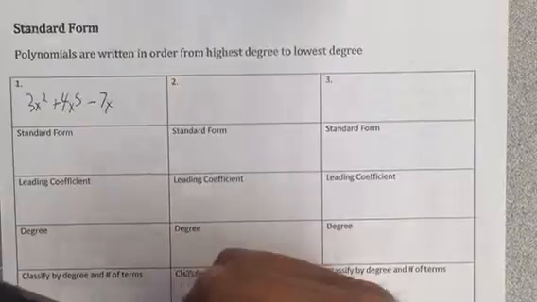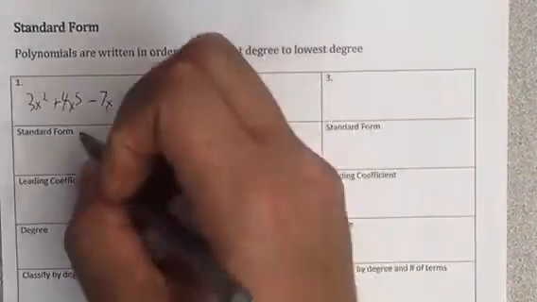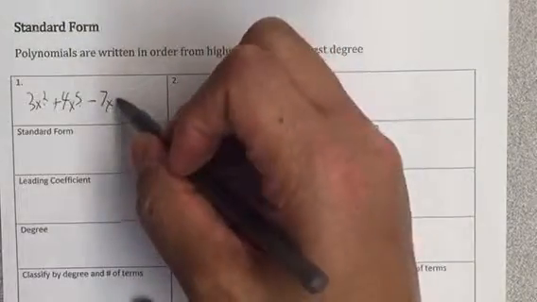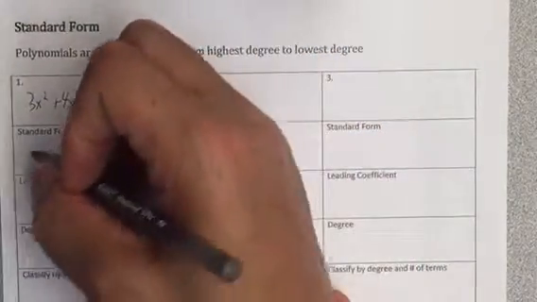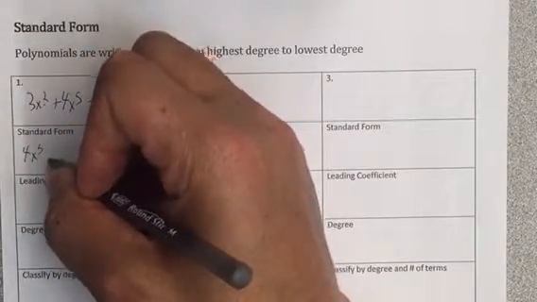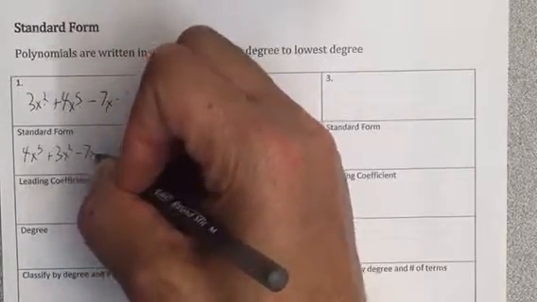Number 5. We're going to put the 5 first, the second power second, and this first power third. So we would rewrite it as 4x to the 5th plus 3x squared minus 7x.